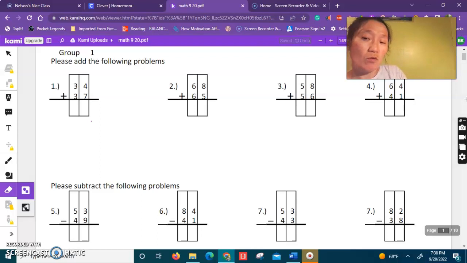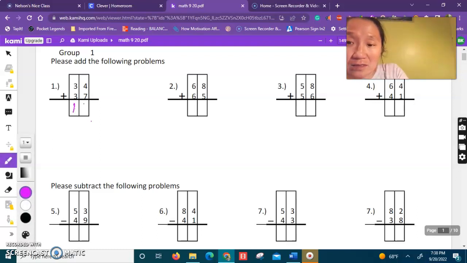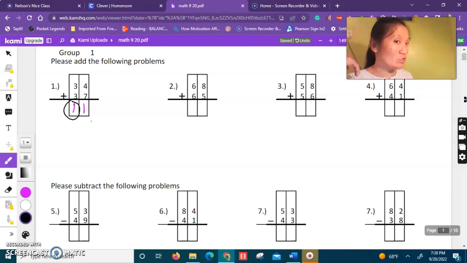So, what we're going to do is we're going to have 7 plus 4 more. So, well, you know that 7 plus 3 is 10, plus 1 more is going to be 11. So, if you wrote 11 like this, you're wrong. Yes, you put 1 digit in every single box, but you're saying that this is the answer to 3 plus 3. That's not true. 3 plus 3 is not 11.